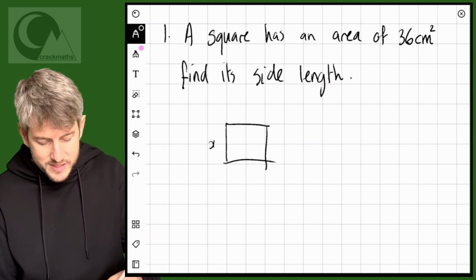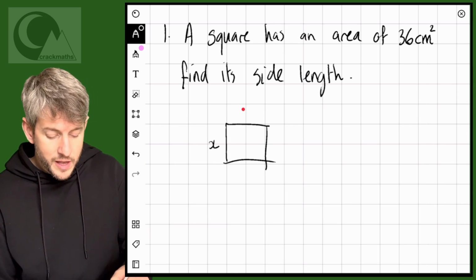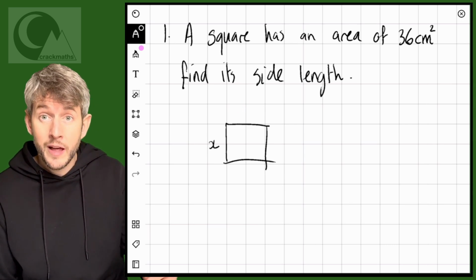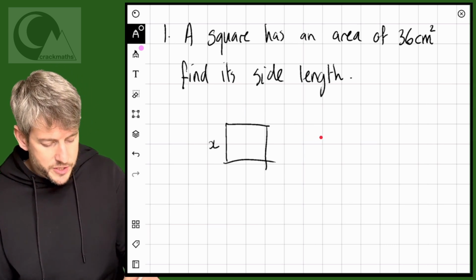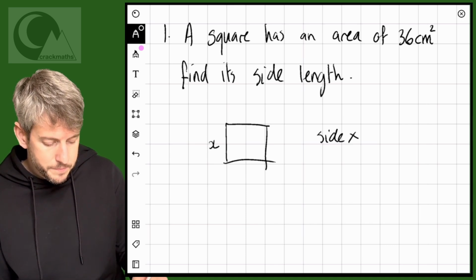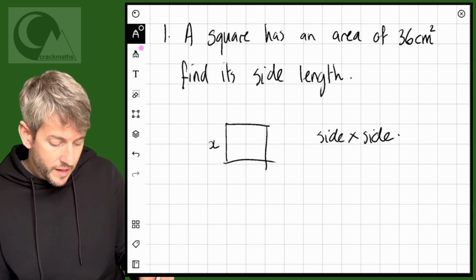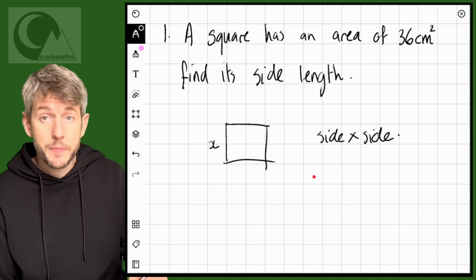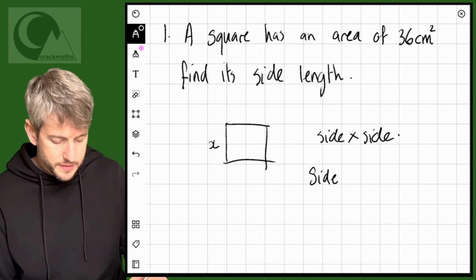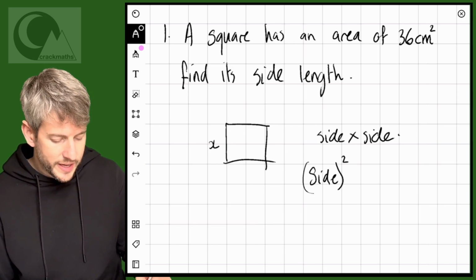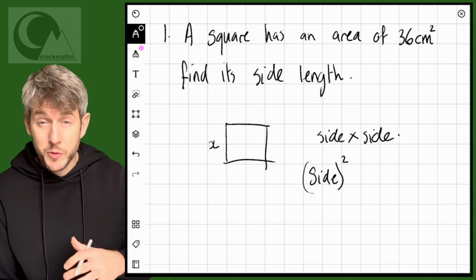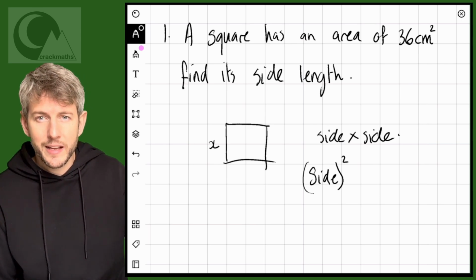So if we call it x, in order to find the area of the square, we would do side times side, which we could also think of as side squared. So we know that the area of a square is given by the side length squared.